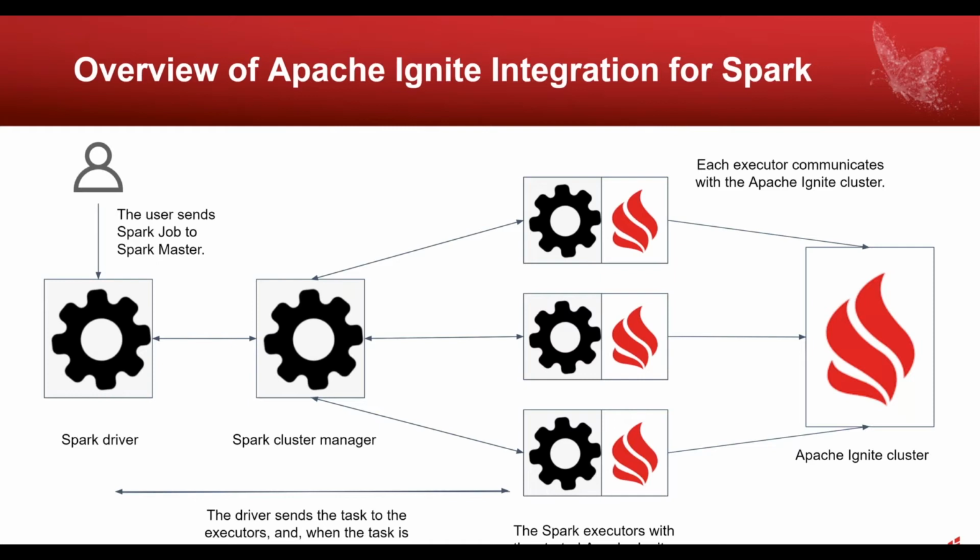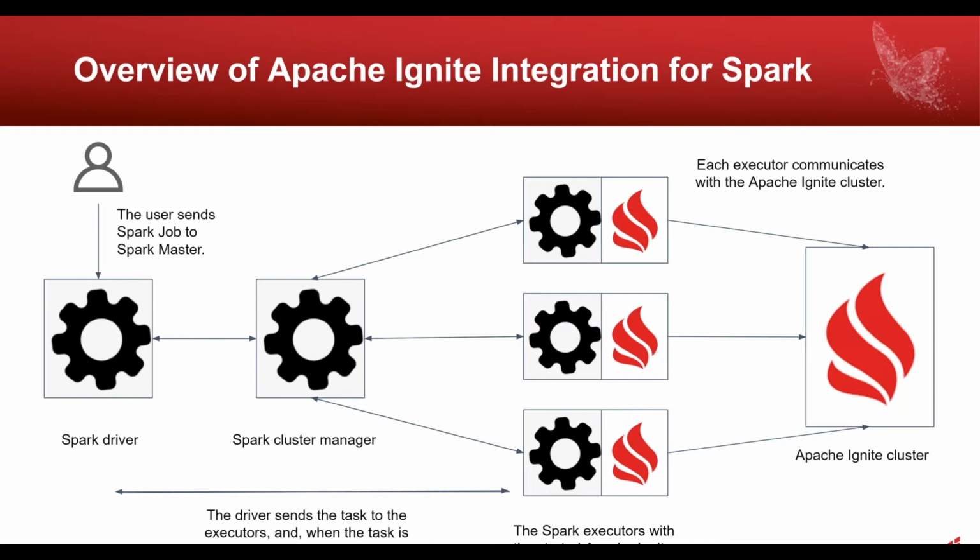Spark master will create a special application named Spark driver, and Spark driver will first collect the information about all available executors that we have in our deployment, and then it will send some part of this job to each executor.